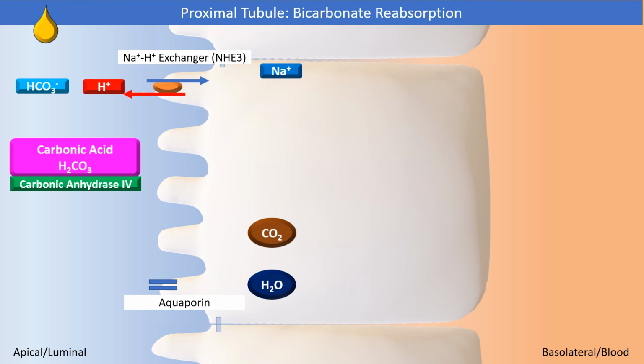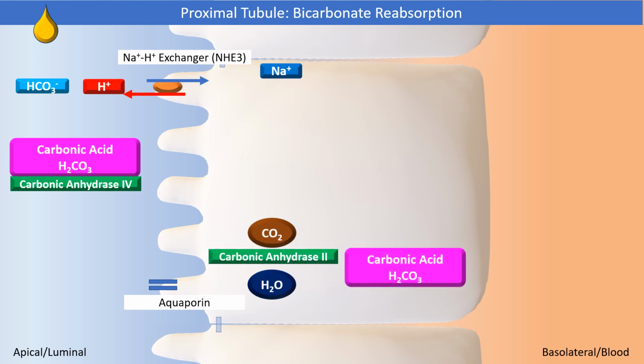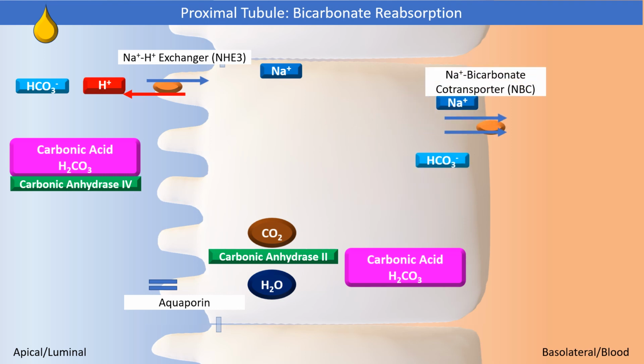Inside the cell, carbonic anhydrase recombines CO2 and water to reconstitute carbonic acid. Carbonic acid then redissociates into a proton and bicarbonate. The proton returns to the lumen to pick up another bicarbonate to reabsorb, while the regenerated bicarbonate gets reabsorbed into circulation via the sodium bicarbonate cotransporter.